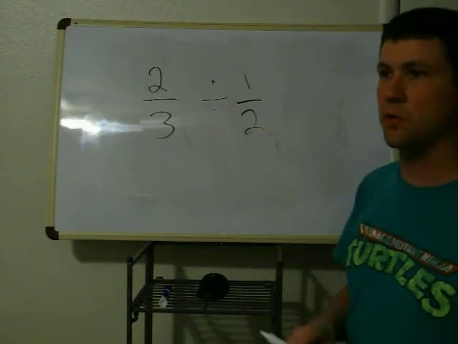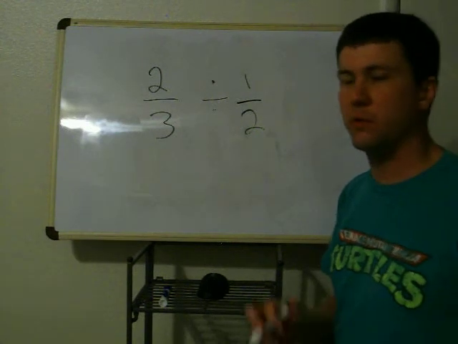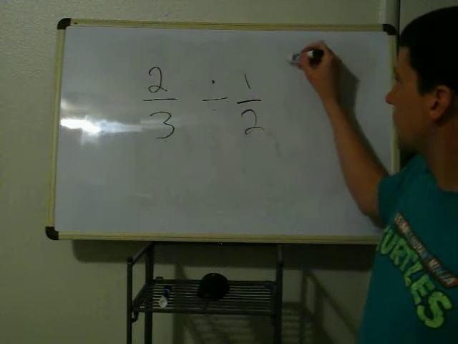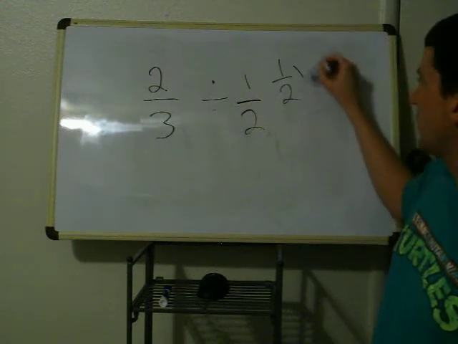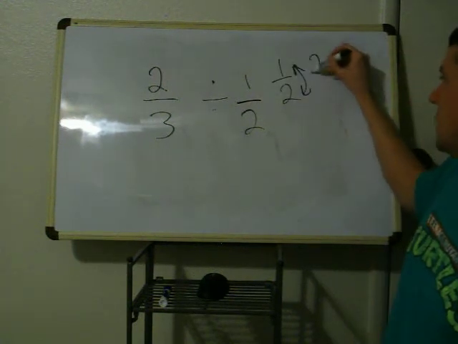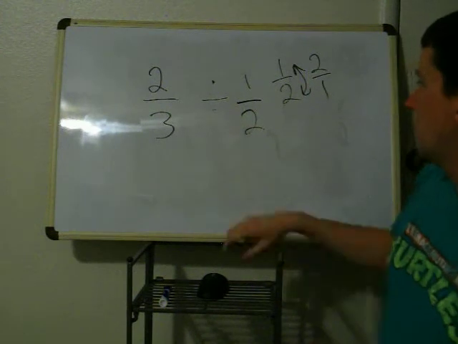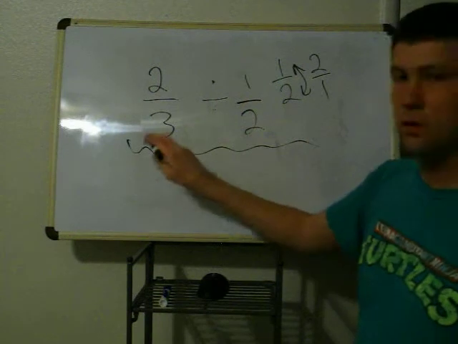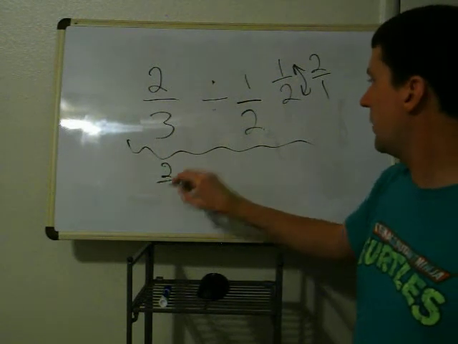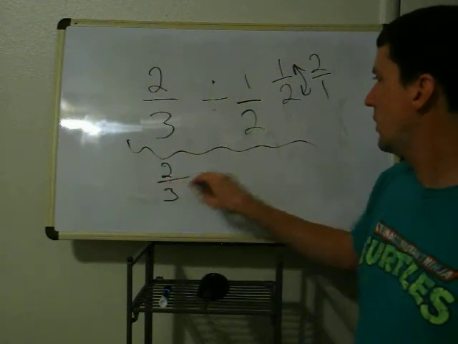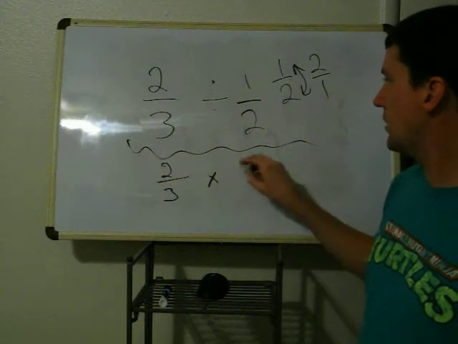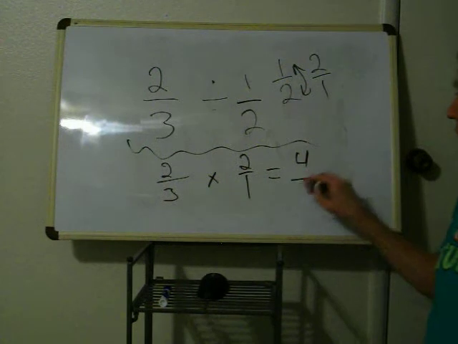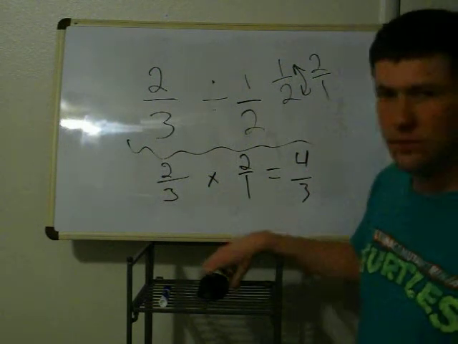Again, the reciprocal is the number that when multiplied by it equals 1. So the reciprocal of 1/2, remember we just switch them, is 2 over 1. So 2 over 3 divided by 1 over 2 is the same as 2 over 3 times 2 over 1. So we just get 4 over 3. That's our answer.